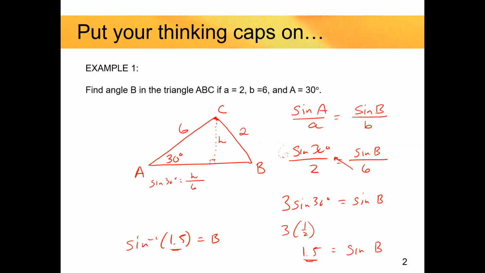Hey, got the same thing that happened here. Multiply by 6. What is actually 6 sine 30? Yeah, half. 6 halves. 6 halves are 3.